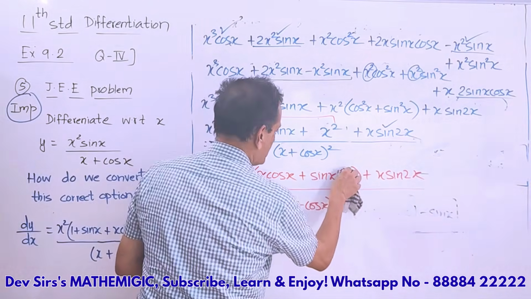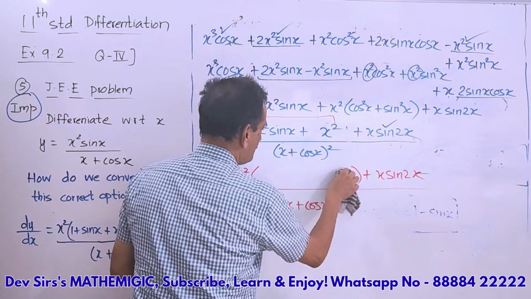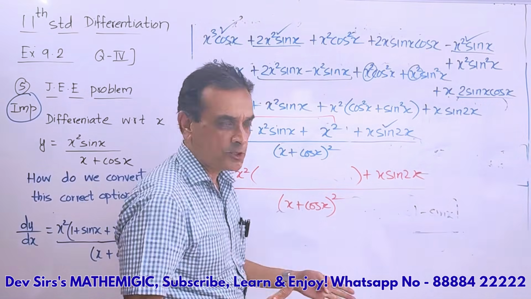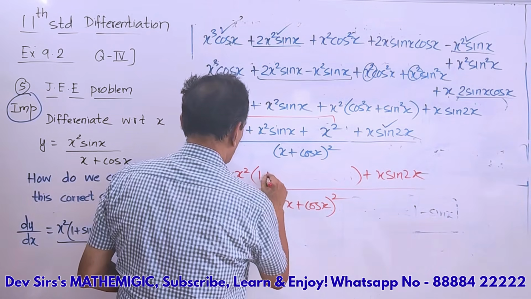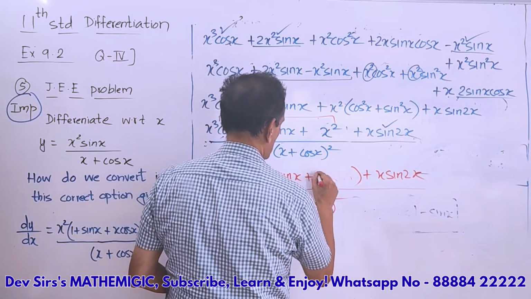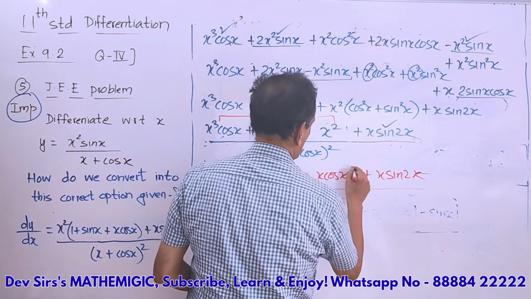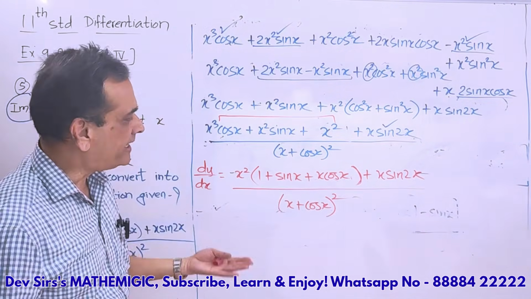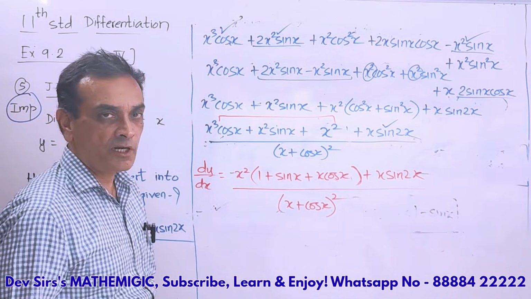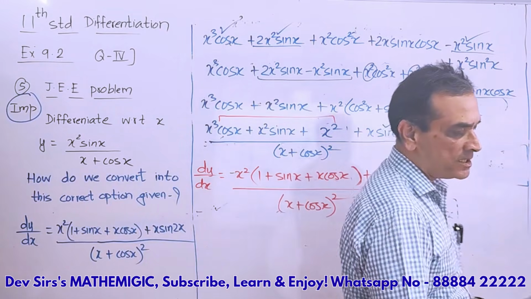So I'll write the other way around: 1 plus sin x plus x cos x. Same thing, सिर्फ reverse order में लिखा है. That's our option. Okay, so you have learned all the things of derivatives here.